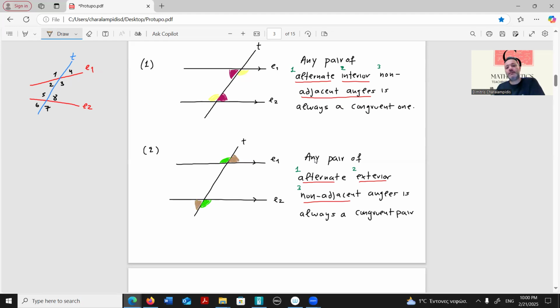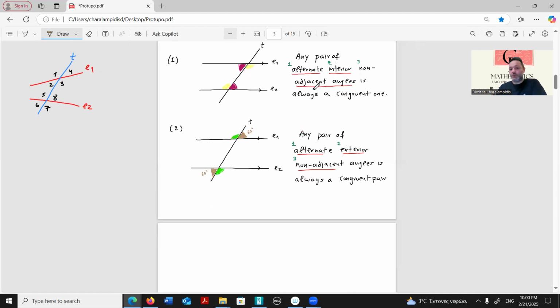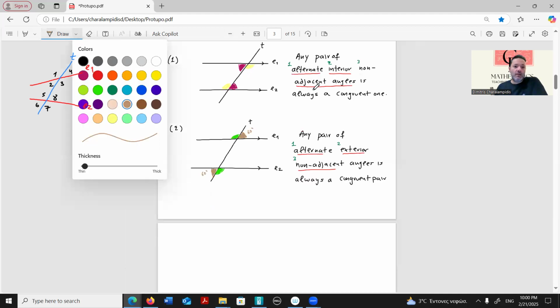So again, this means that if, for instance, this is 60, then that should be 60 as well. If two parallel lines are cut by a transversal, then the alternate exterior non-adjacent angles formed will always be in pairs congruent to each other. And let's see a third case, which will be our final one.